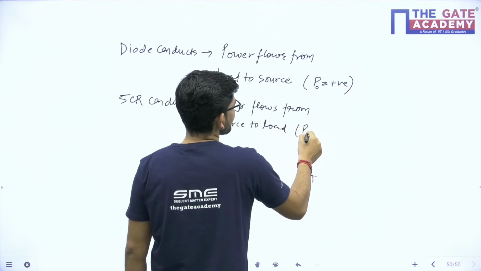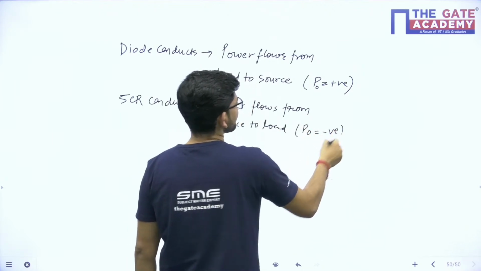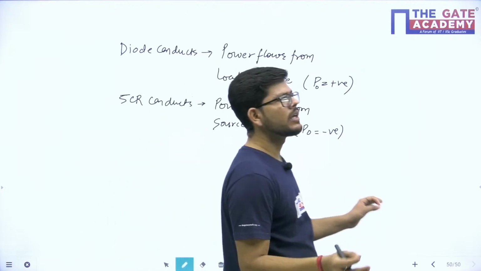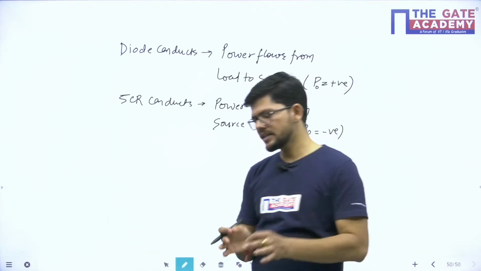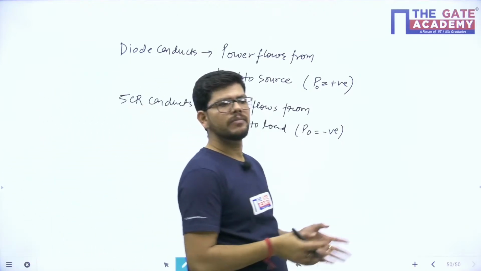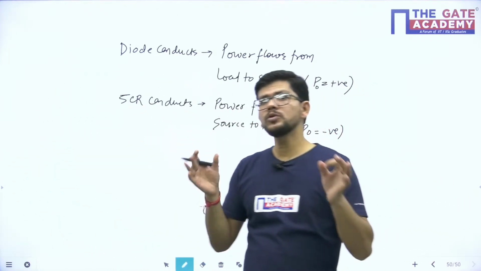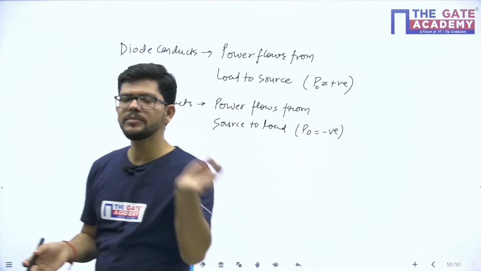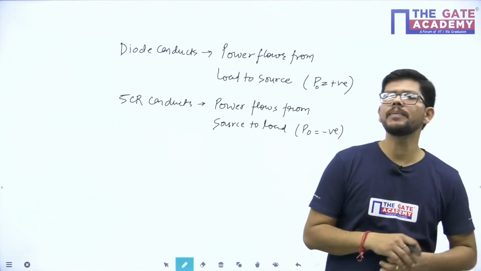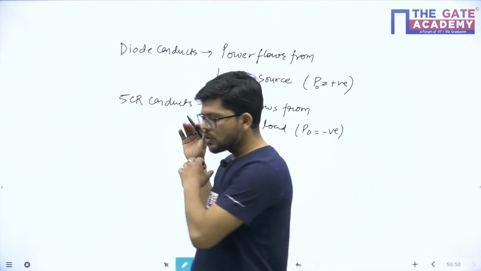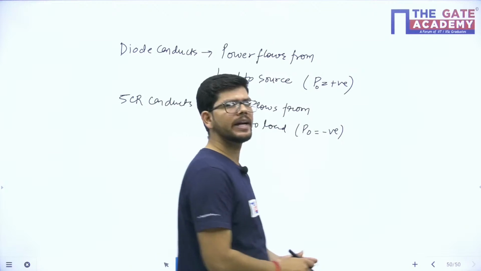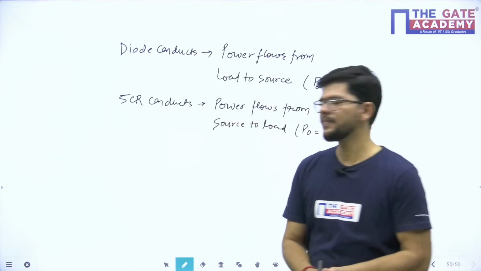So always remember this fact, whenever we have a thyristor conducting, the power is positive and power flows from source to load. DC is being converted into AC. Whenever we have a diode conducting, the power flows from load to source, that is, AC is being converted back into DC. Is that clear?